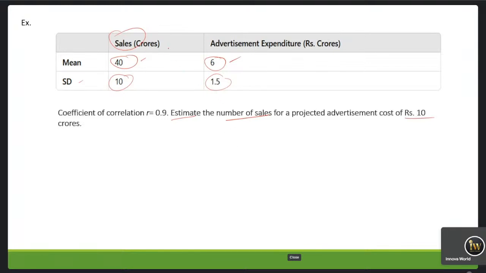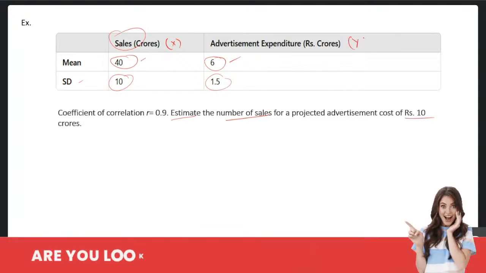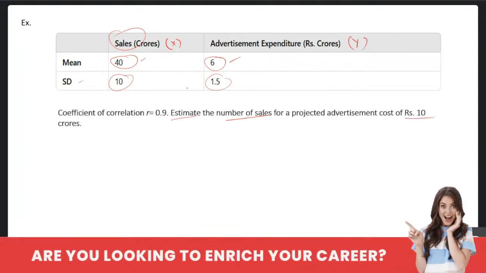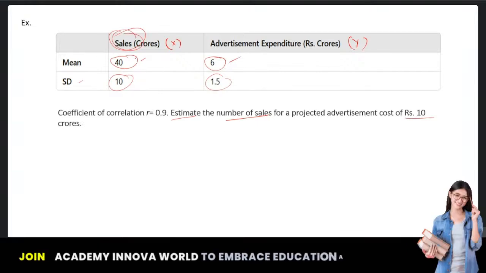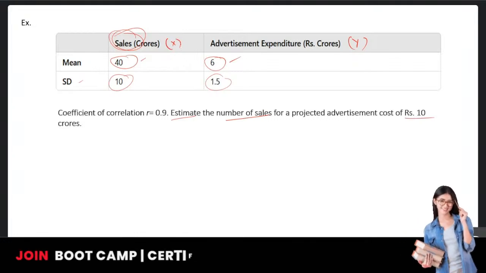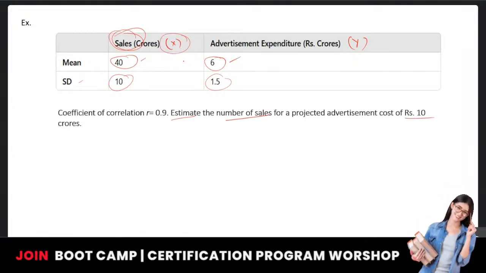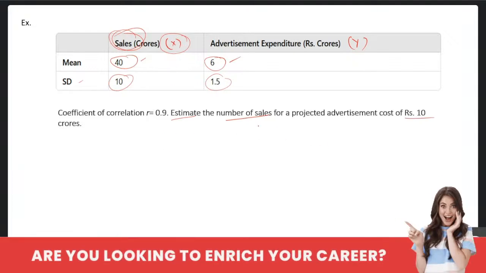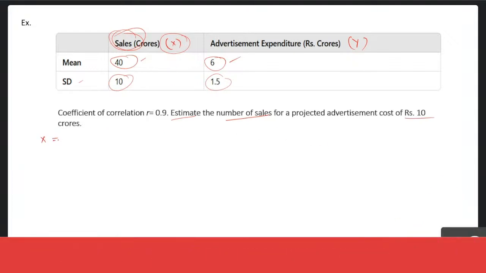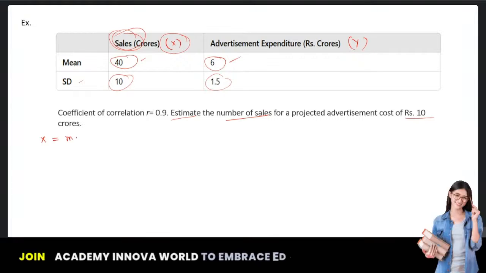If I consider x as sales and y as advertisement cost, we need to estimate the sale, that is, we are going to predict the sales value, and sales is on x, so we have to find an equation of the type x equal to my plus c.